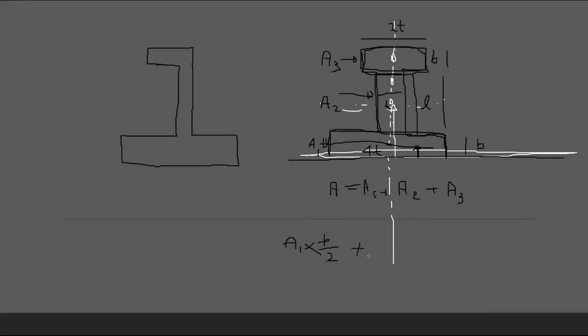So A2 is this area. For that, you have L by 2, because it's also a rectangle. But we are taking moments about this axis, so for that L by 2 you have to add a B: B plus L by 2.